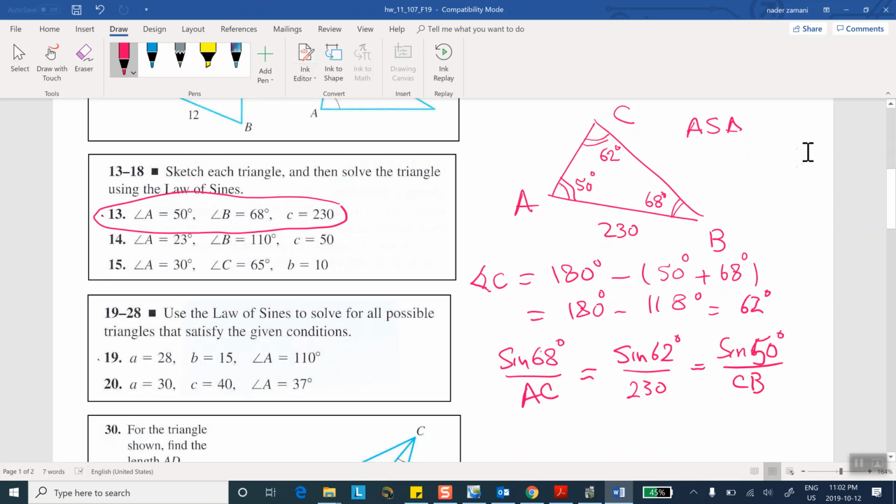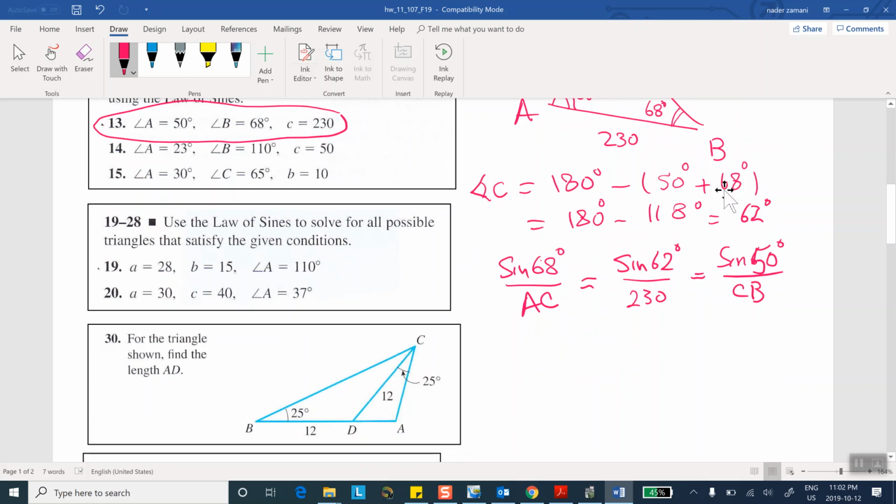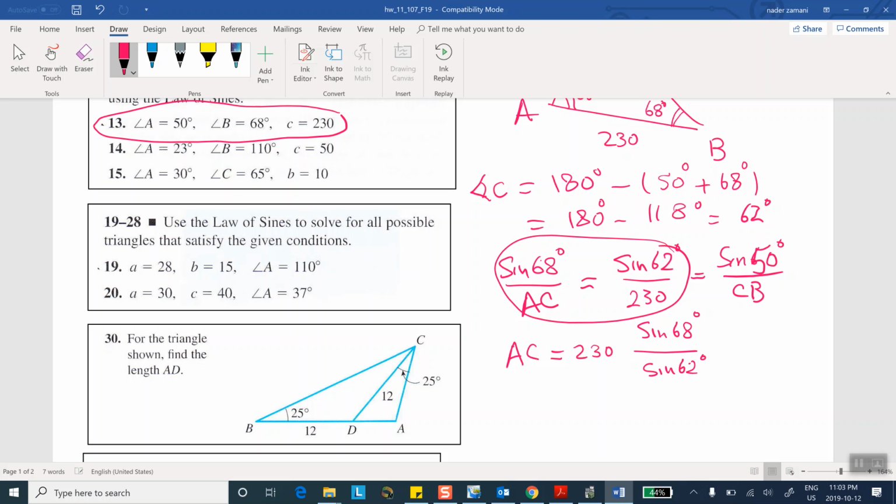So if we concentrate on these two, we immediately get AC. AC is equal to 230 times sine of 68 degrees divided by sine of 62 degrees.